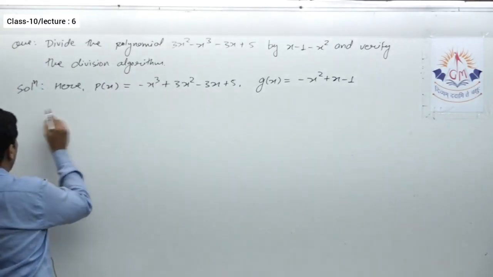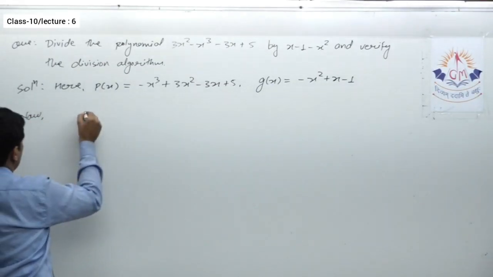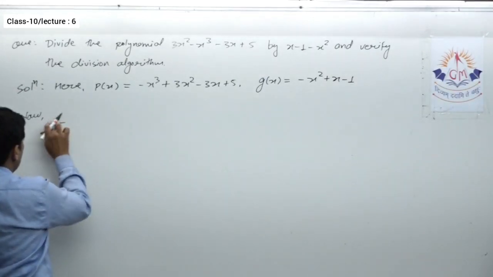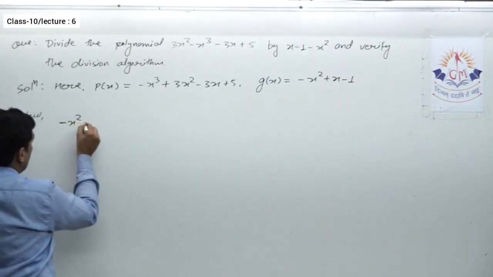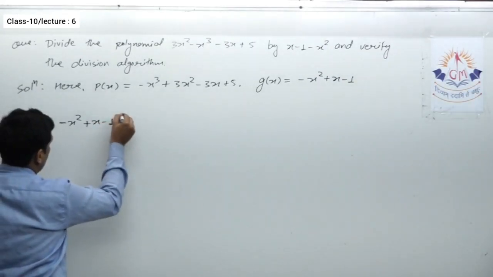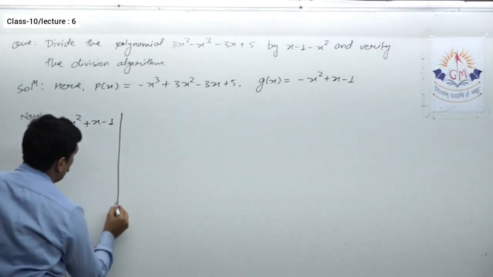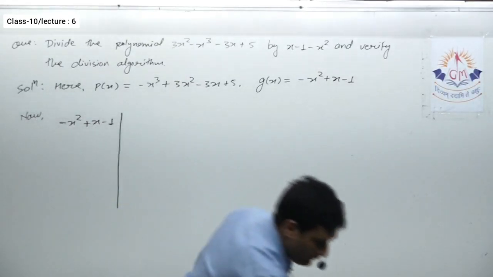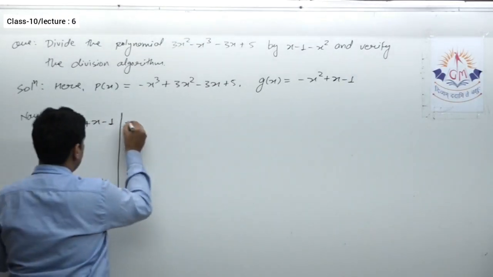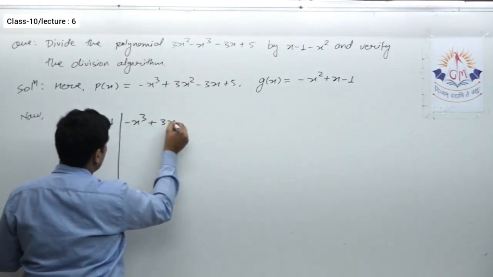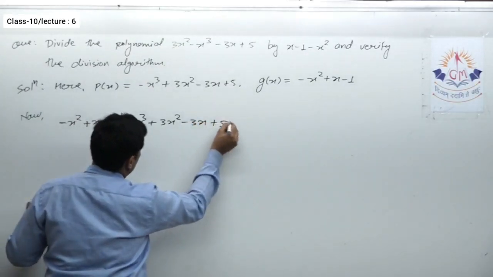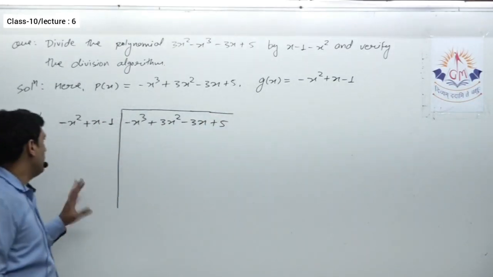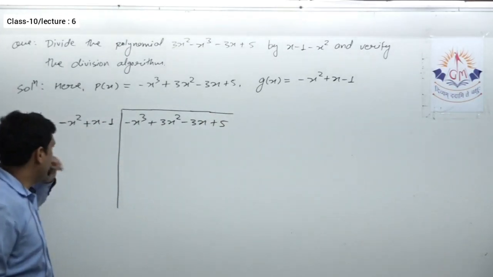So now we'll divide. I write minus x square plus x minus 1, and I have to divide into it the polynomial minus x cube plus 3x square minus 3x plus 5. We did so many questions, so I hope it will be easy this time for you.